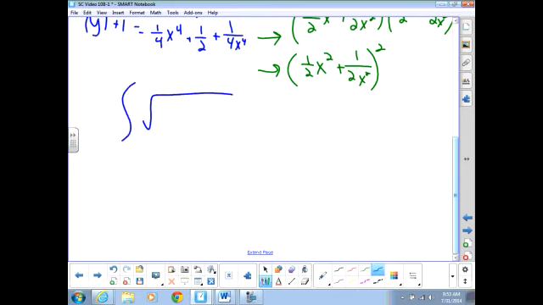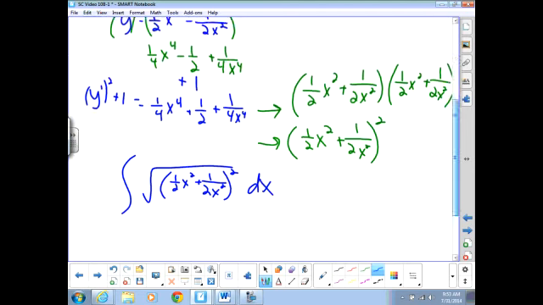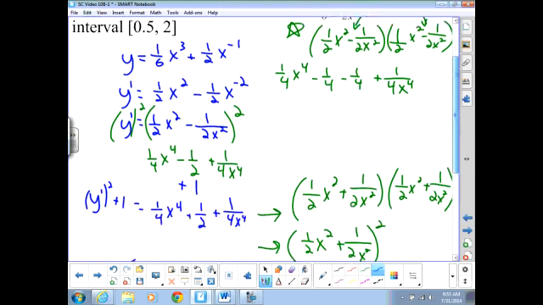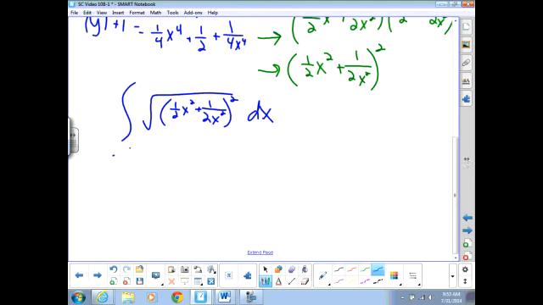Well, we have the square root of 1 plus our derivative squared. We just rewrote that as 1/2 x squared plus 1 over 2x squared, the whole quantity squared. This will be a dx, and our x values we're going from are 0.5 to 2. Well, notice how nice this is now. We have a square root, and we have a squared. Those will cancel out.